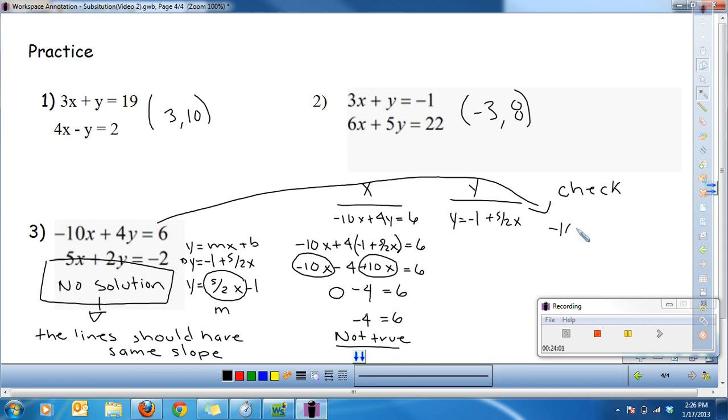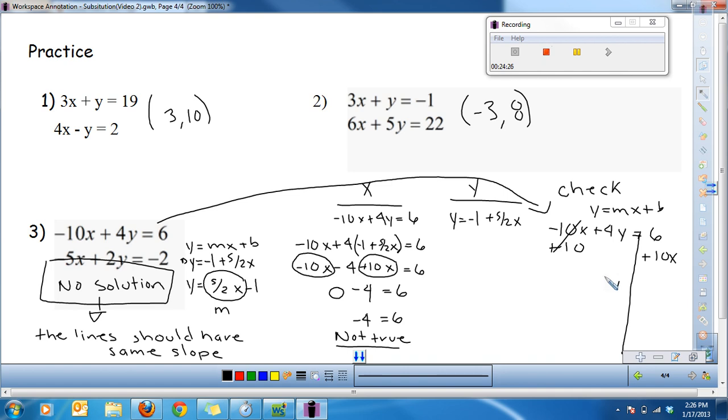I'm going to rearrange this equation. So I have a negative 10x plus 4y equals 6. I'm going to rearrange this equation so that it looks like y equals mx plus b. First I'm going to bring over my 10x by adding 10x to both sides.